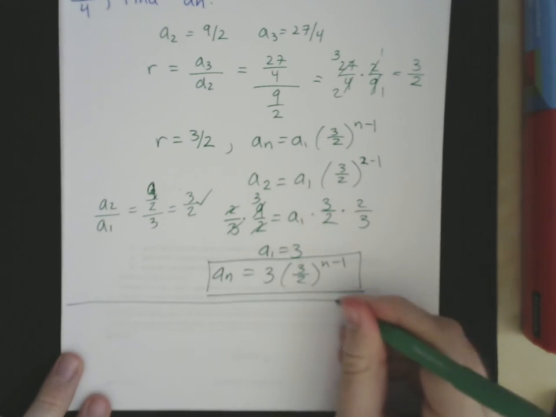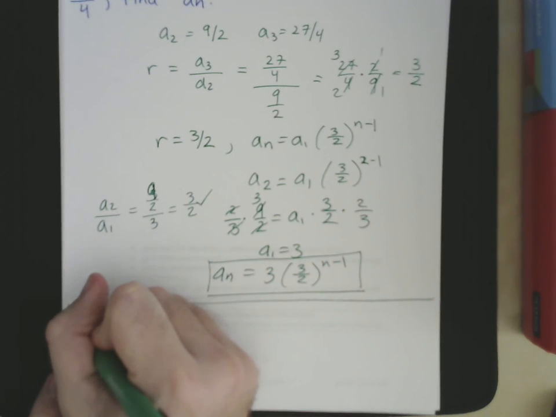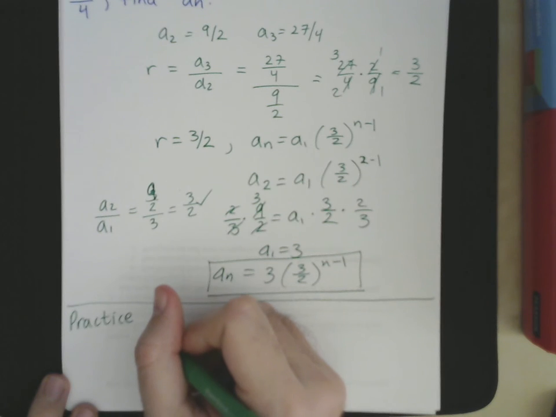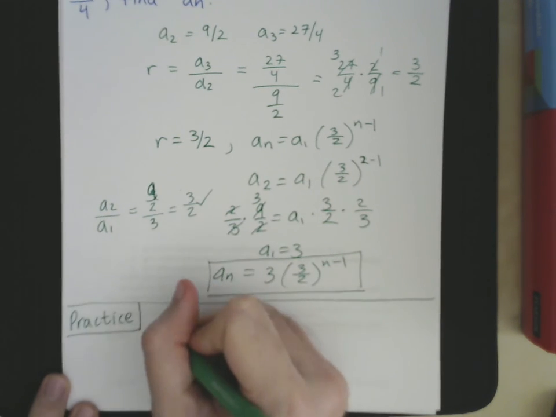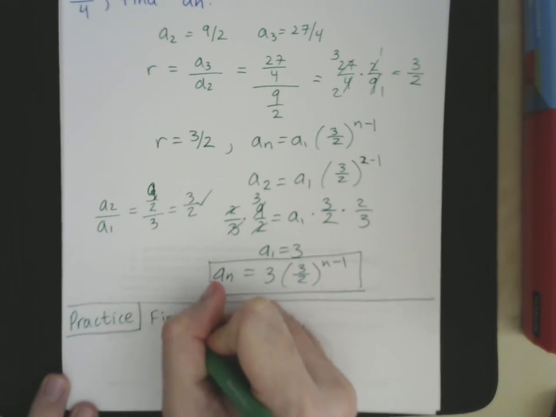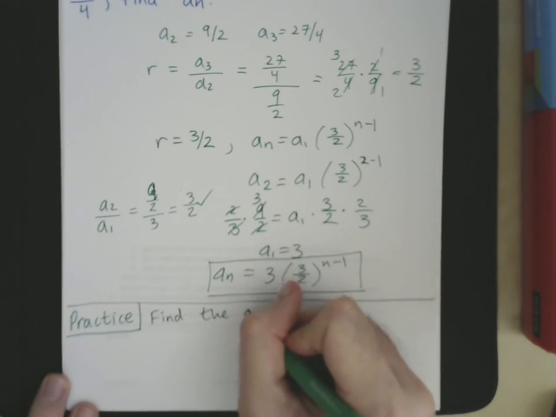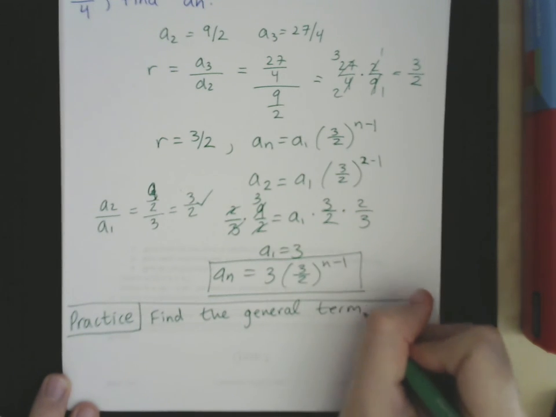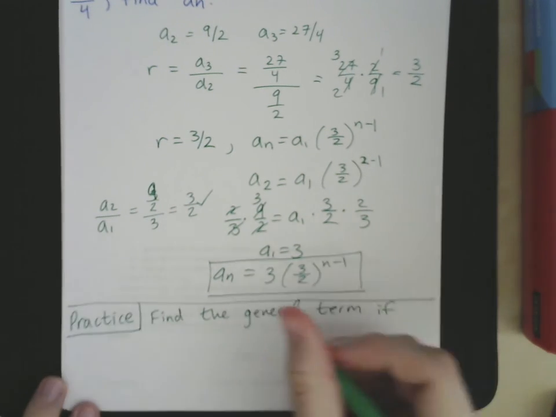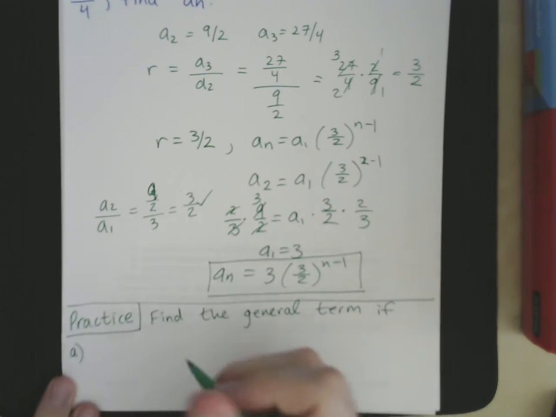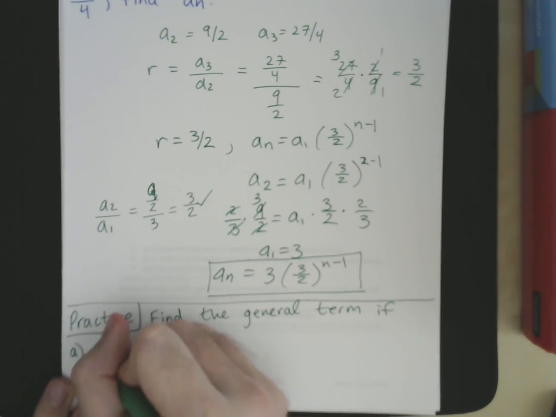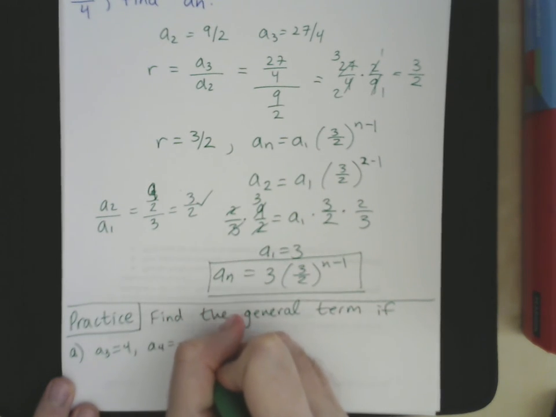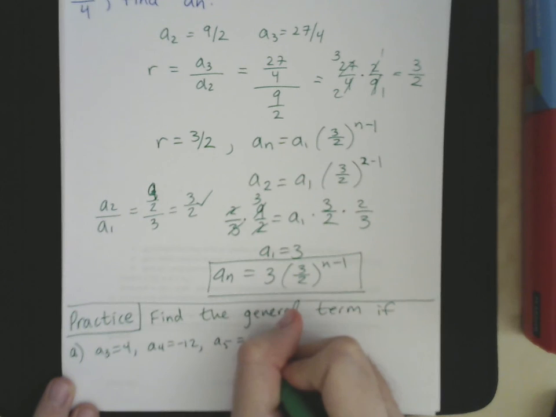So I have a couple for you to try on your own. So find the general term. A: if a sub 3 equals 4, a sub 4 equals negative 12, and a sub 5 equals 36.